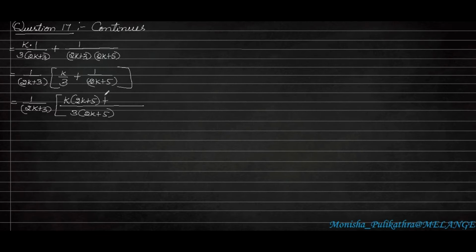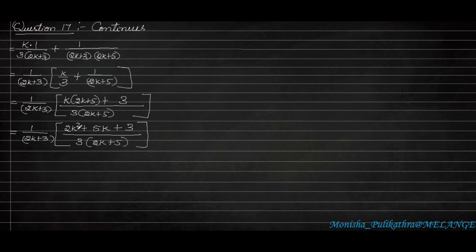In the next term, 2k plus 5 and 2k plus 5 get cancelled, so remaining will be 3 into 1, 3. So here it will become 1 by 2k plus 3 into, 2k into k is 2k square plus k into 5 is 5k plus 3. So here you can write as it is 3 into 2k plus 5.